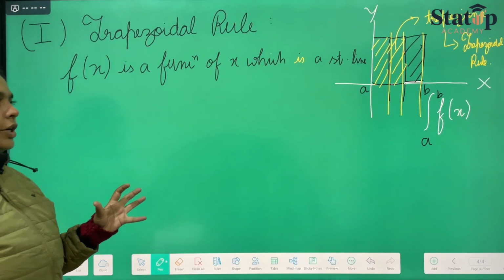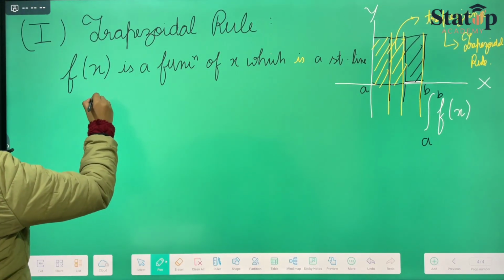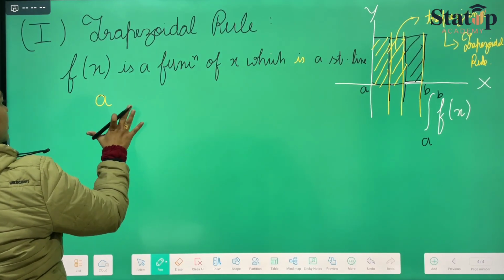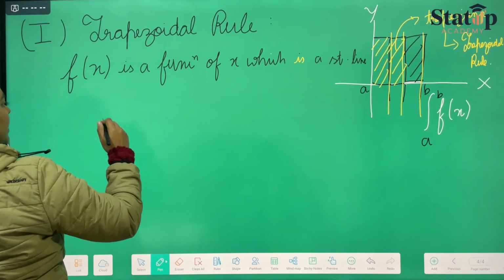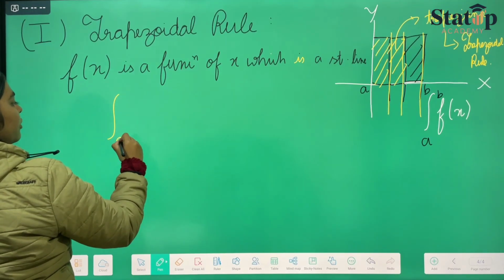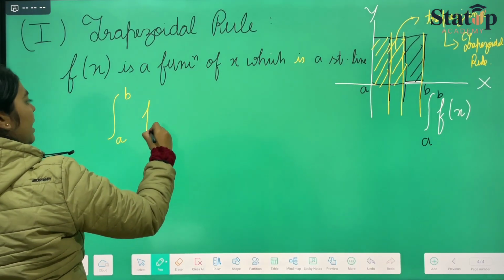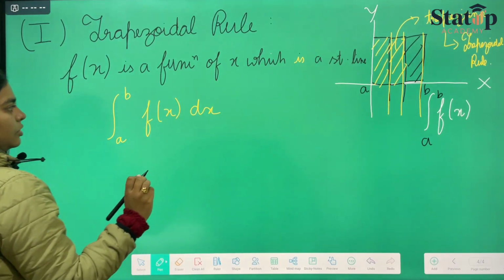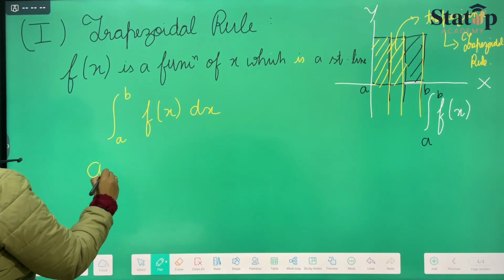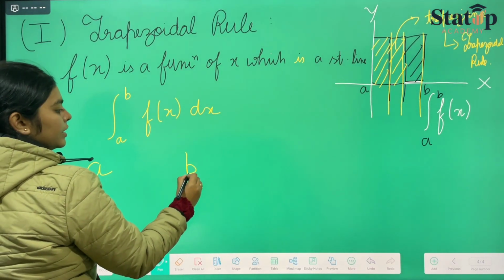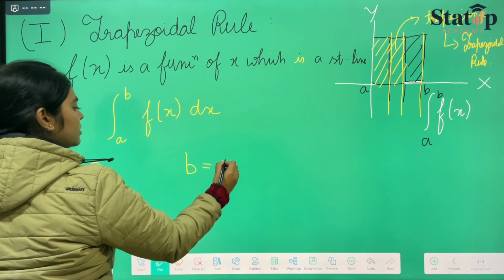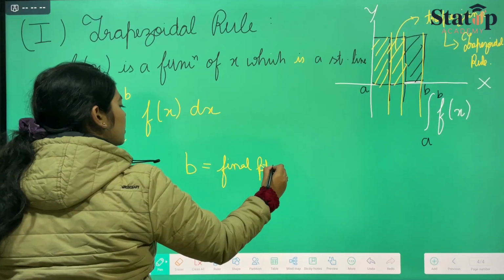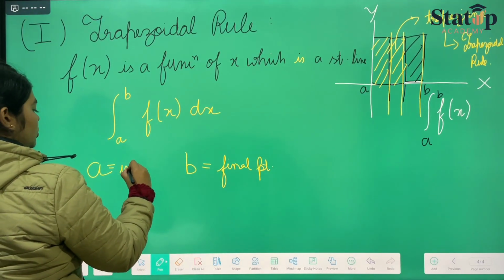Now the trapezoidal rule. Let us take the integration from a to b, f(x) dx, this is our function. So our initial point is a, and our final point is b.